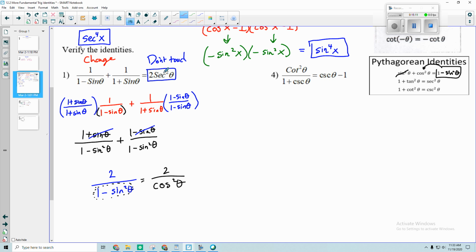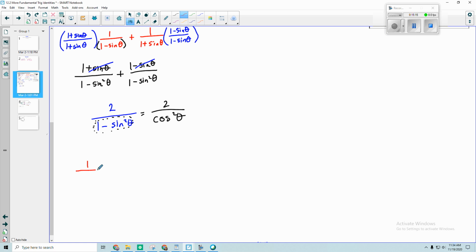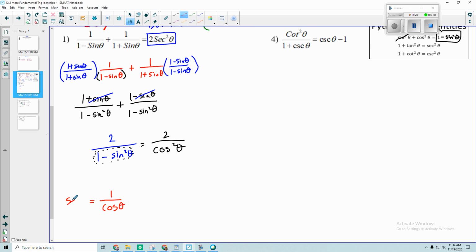All I have to do now is use one of the rules from before, which says that 1 over cosine theta is going to be equal to secant. This was one of the fundamental identities from before. I can write 1 over cosine as secant.